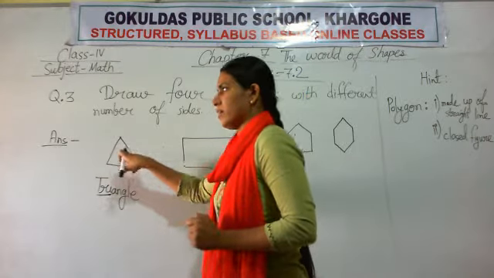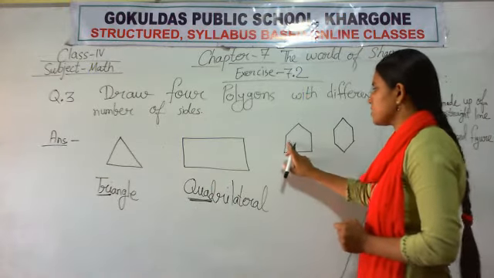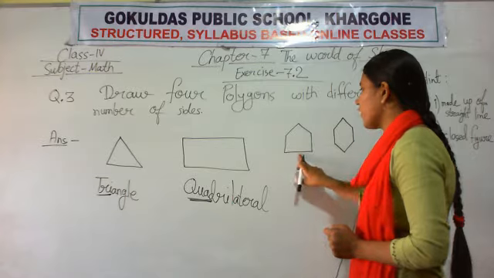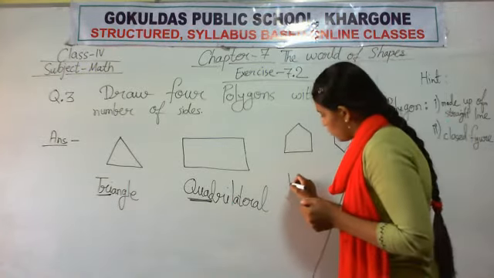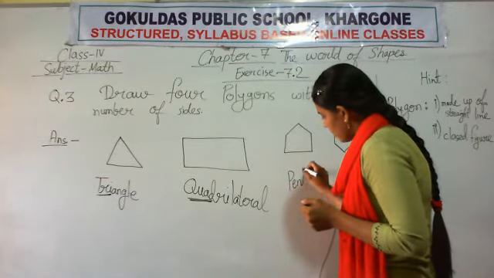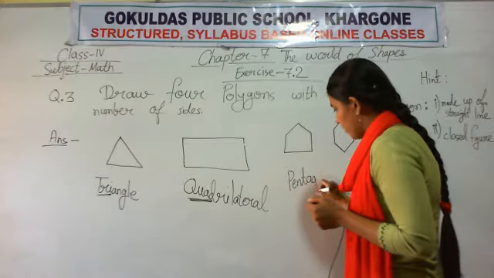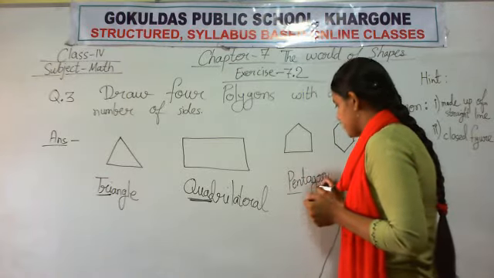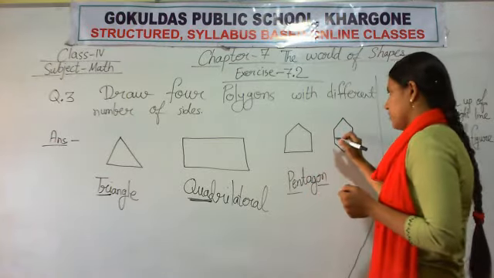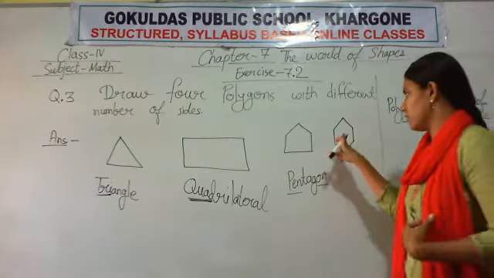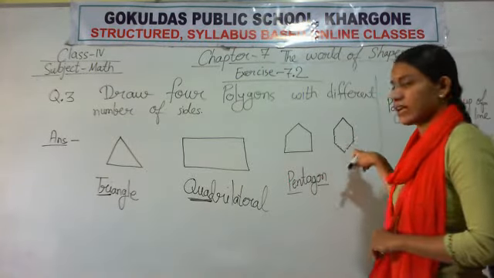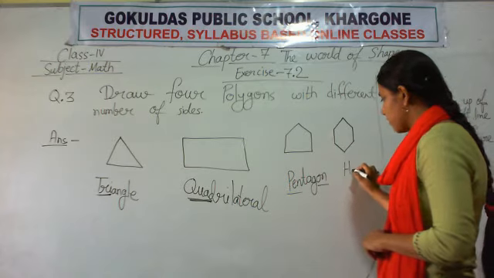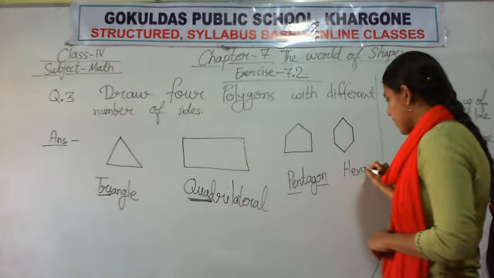Tri means 3. Now this figure has 1, 2, 3, 4, 5 sides. So we can call it a pentagon. Penta means 5. Here this figure has 6 straight lines. Its name is hexagon.